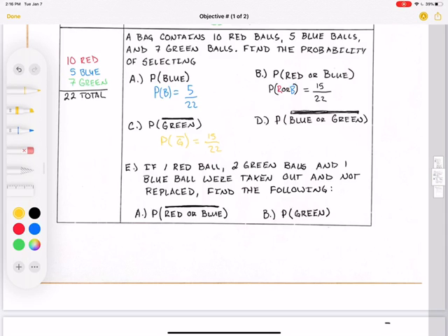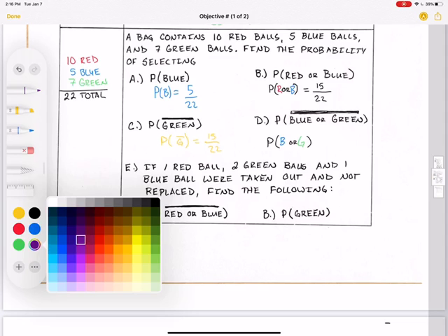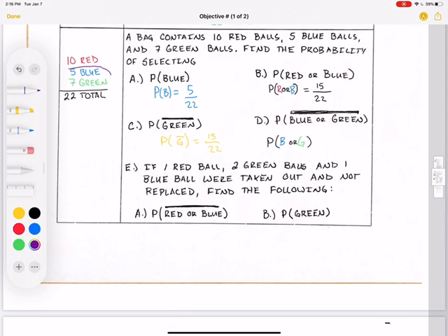The probability that it is blue or green would come from here. Oh, not blue or green, pardon me. Not blue or green.